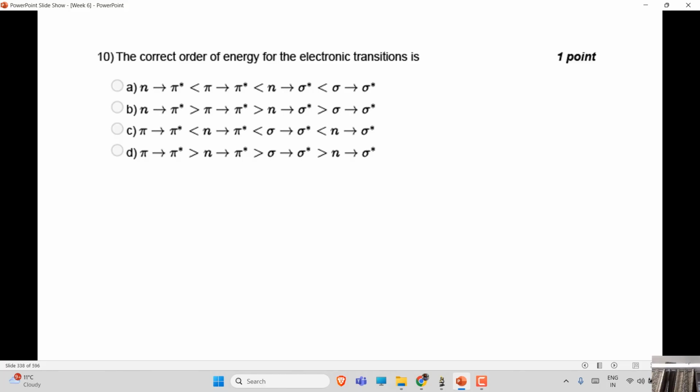Anybody? Do you know about electron spectroscopy? You can try answering this question about electronic transition.